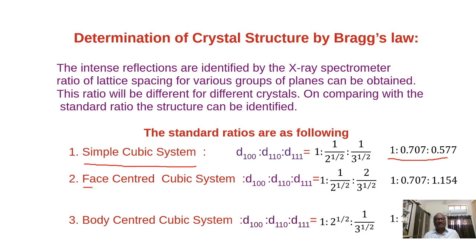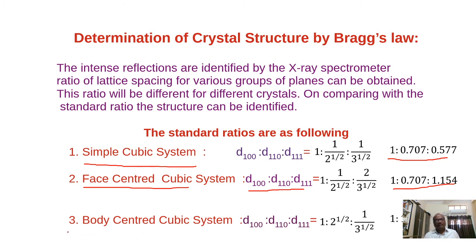Similarly, if the given crystal is a face-centered cubic system, again the ratio between these interplanar distances of each plane, which planes? 100, 110 and 111. Then it will be 1 is to 1 by root 2 is to 2 by root 3. We got this: 1 is to 0.707 is to 1.154.